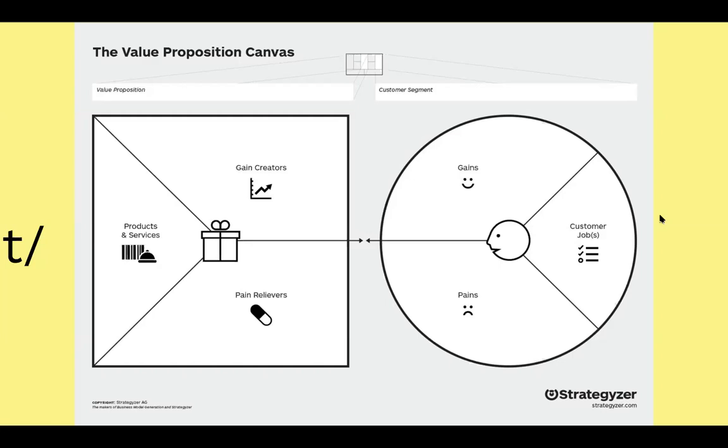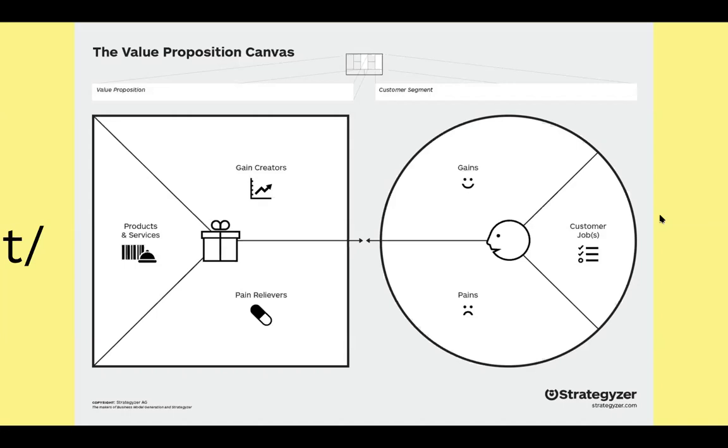And then in trying to do those jobs, you start understanding the pains and the gains those customers have in terms of trying to do those jobs. This then informs the products and services that you're creating on the other side, and allows you to develop your products or service solutions with gain creators or pain relievers that directly address the particular challenges and the pains and the particular aspirations or benefit gains that your customers are looking for.